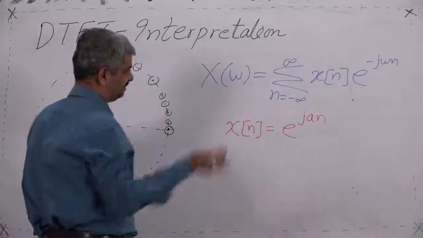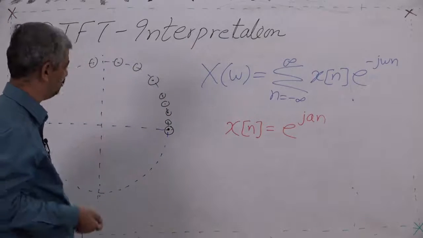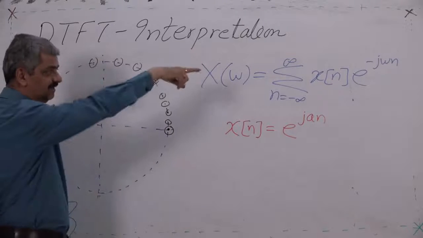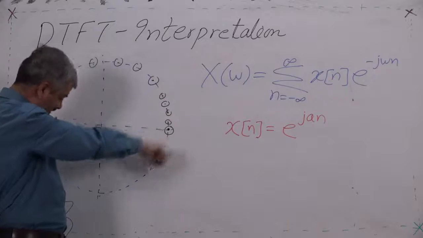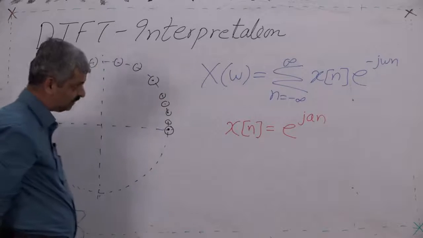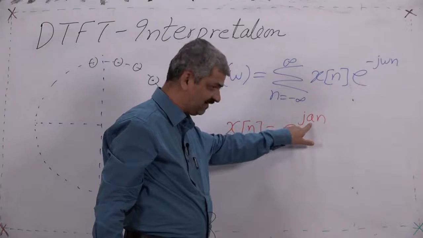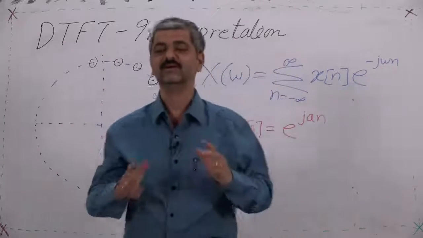In the previous discussion there was some mistake, which you should correct. If the angle is positive, the rotation is anti-clockwise, and the multiplier e raised to minus j omega n is rotating clockwise. So a is a fixed value and omega is a variable value.